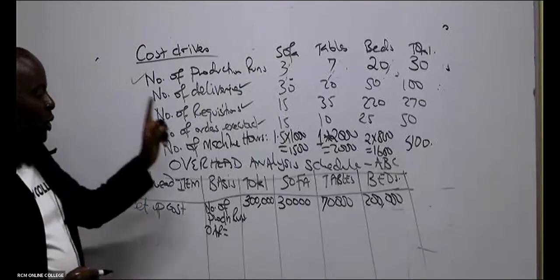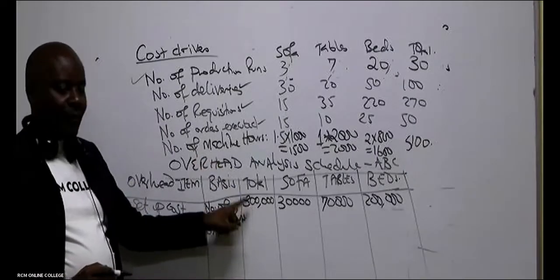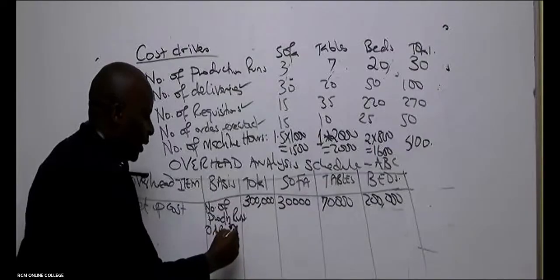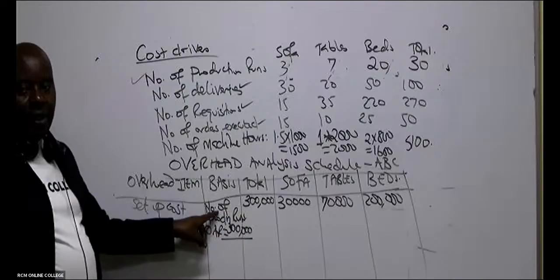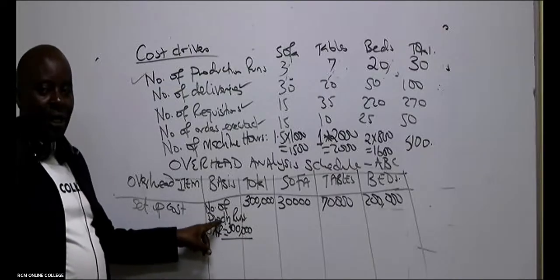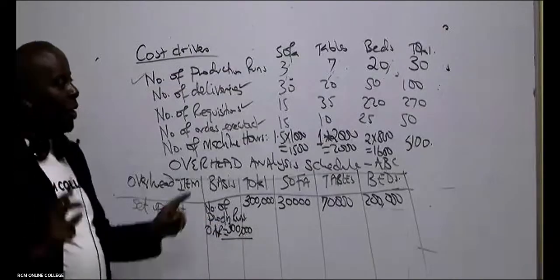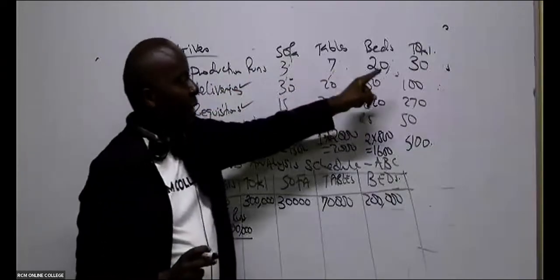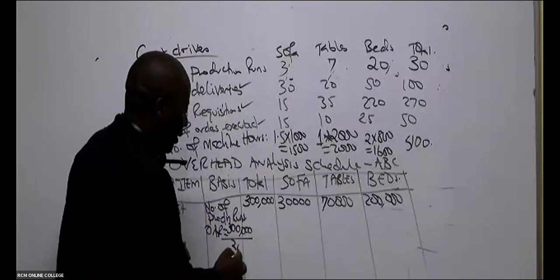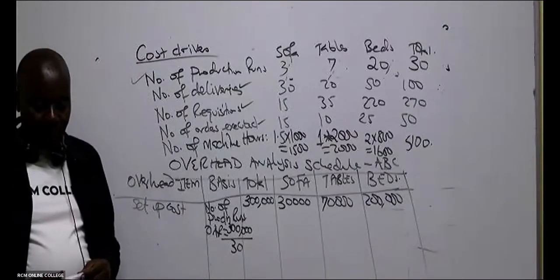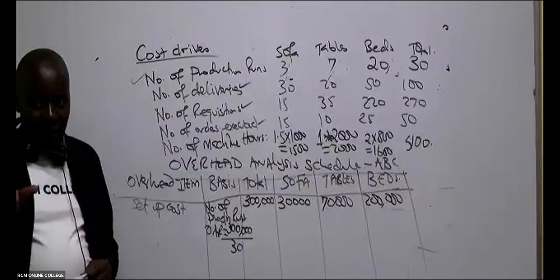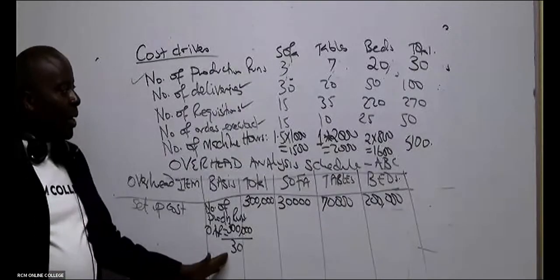Do we have the total setup cost here? 300,000, isn't it? And then you divide this by the basis, which is the total number of production runs. The total here is what for the production runs? 30. So 300,000 divided by 30 will give me how much? 10,000. So this will be 10,000 per run.